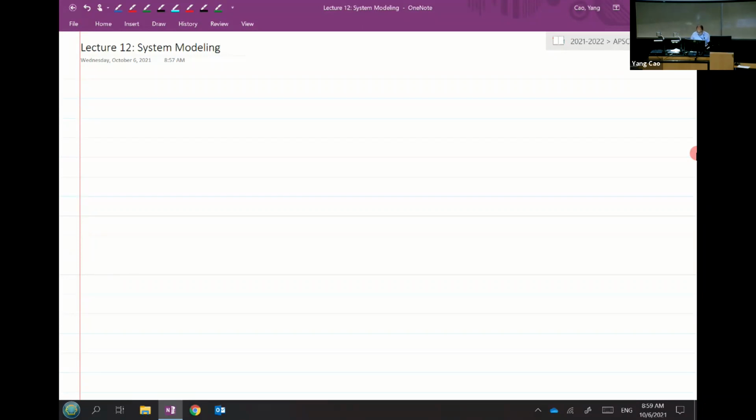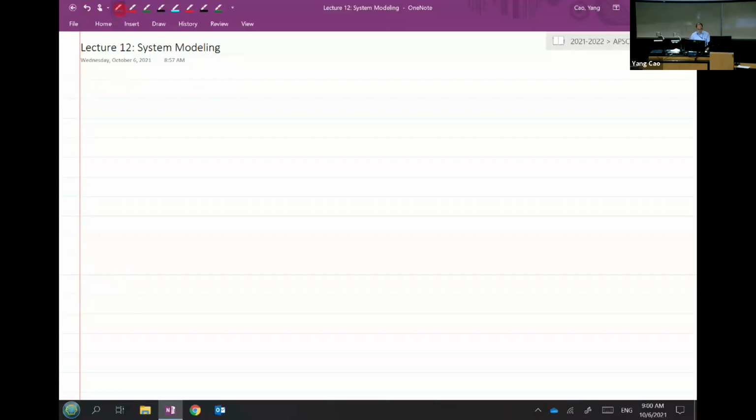All right. So we started a new topic on system modeling. And the ultimate goal of this part of the topic is to derive a system equation, okay?